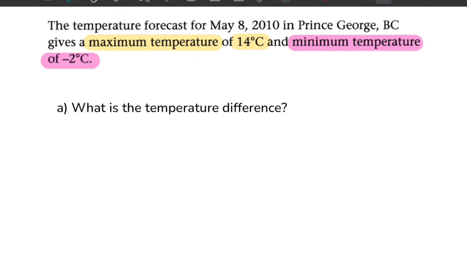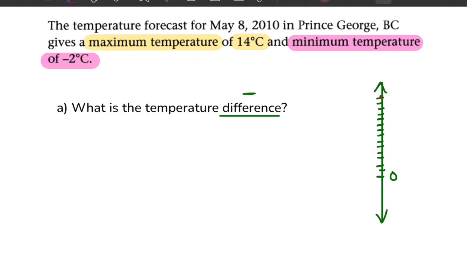So question A is asking us to find the temperature difference. Difference means subtraction, okay? So I'm going to subtract both temperatures so I can see how many degrees are between -2 and 14. It doesn't ask you for a visual, but I'm going to draw one anyways. So here's 0 degrees, and I'm going to count 14. 1, 2, 3, 4, 5, 6, 7, 8, 9, 10, 1, 2, 3, 4.